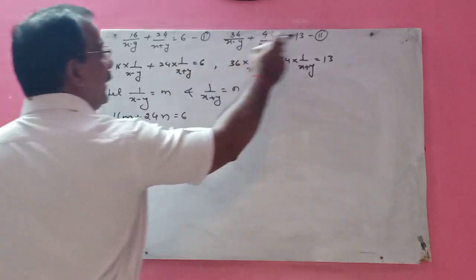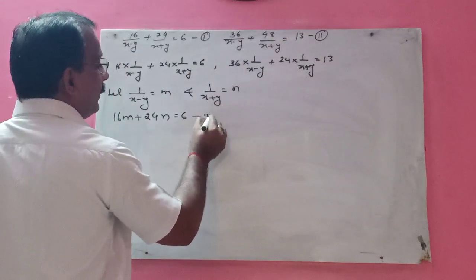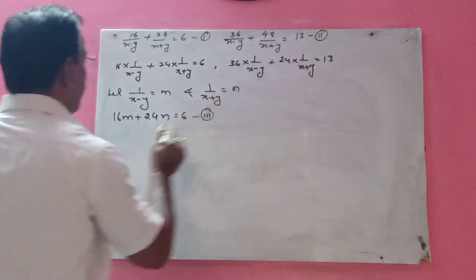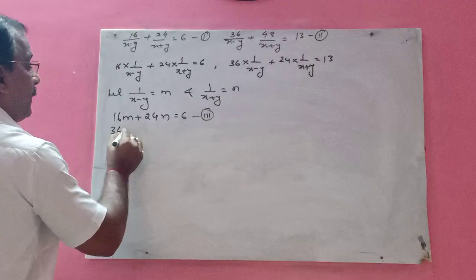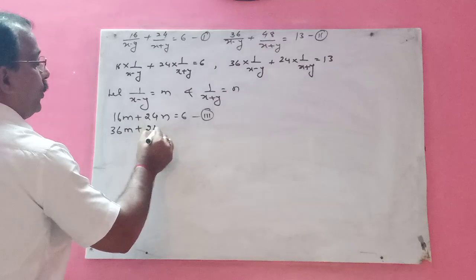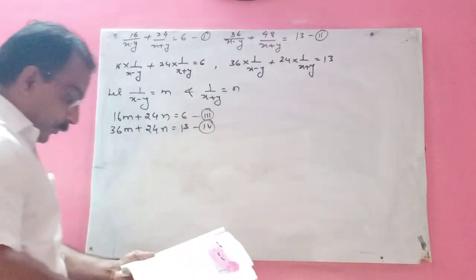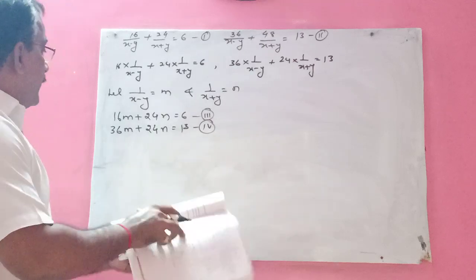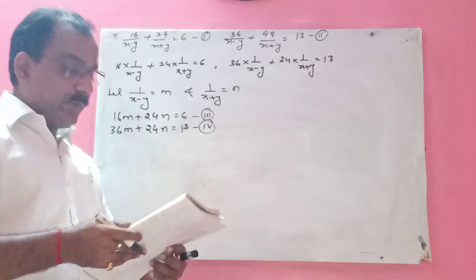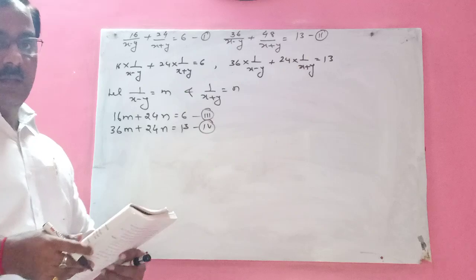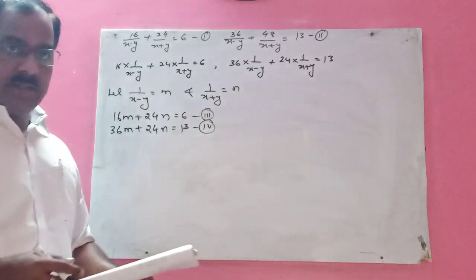But you have to change the equation. We have equations 1 and 2, so here we will write equation number 3. And this will become 36m plus 48n is equal to 13, equation number 4. So we have the third and fourth equations. And now, as you have been doing, you can solve either by Cramer's rule or by simultaneous equations.